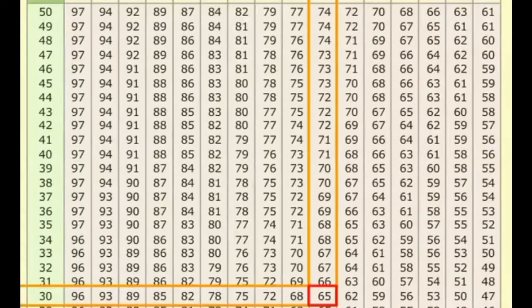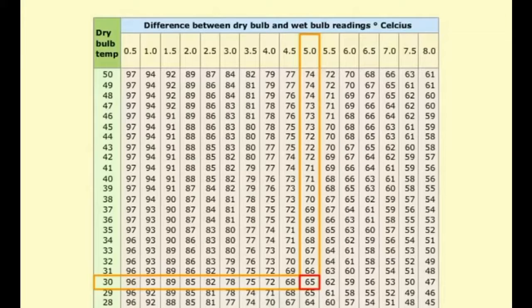The point where the row and column intersect is the relative humidity value, that is 65. So the temperature in the dry bulb is 30 degrees and the difference is 5. So the relative humidity is 65. In this case, the relative humidity value is found to be 65%.